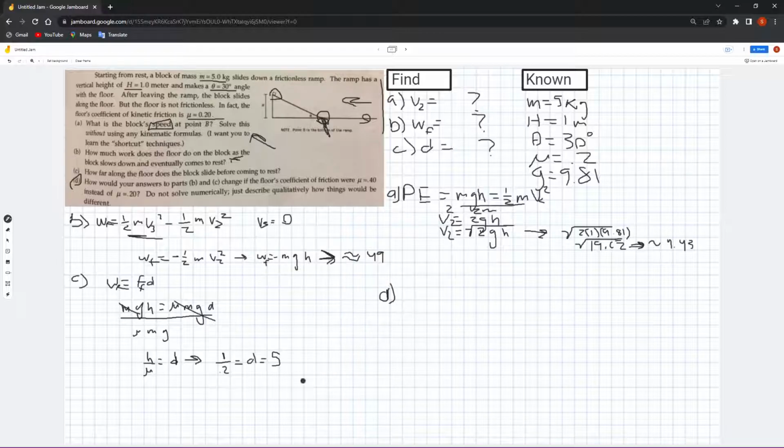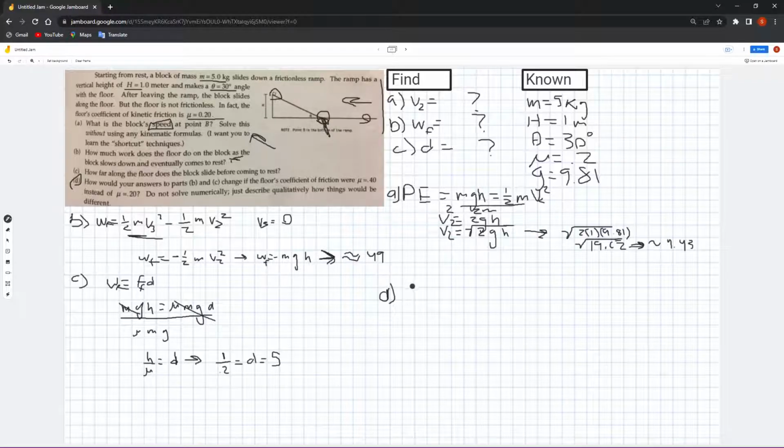And then D is here. What it's asking is, if the coefficient of friction changed, would the work change, and would the distance change? Now the work is equal to force times distance. Well, let's first do distance.